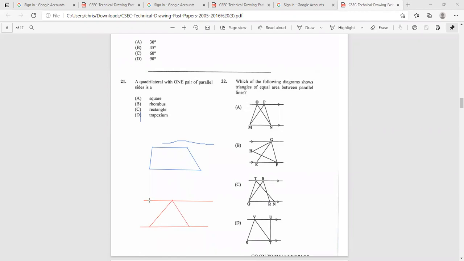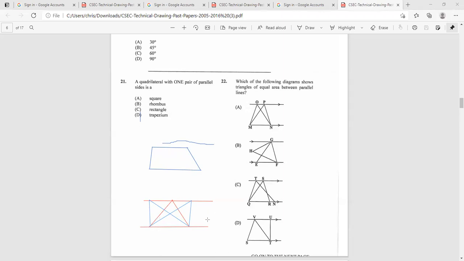Any triangle that is formed where they share the same base, that shares the same base is equal in area. Same base and same altitude is equal in area.